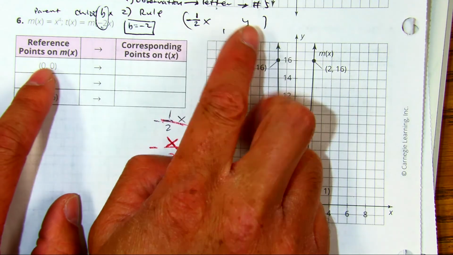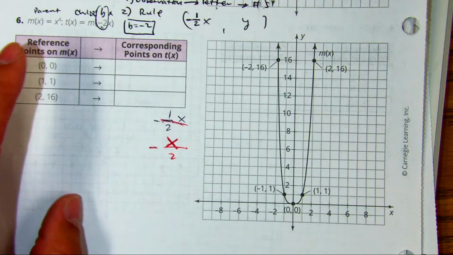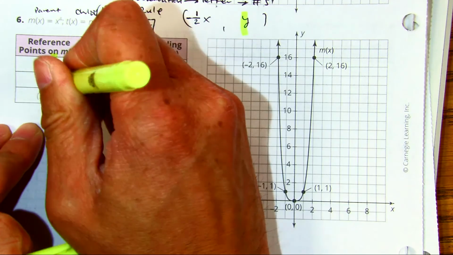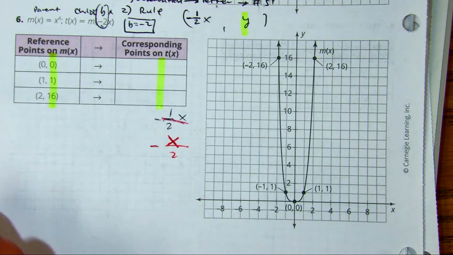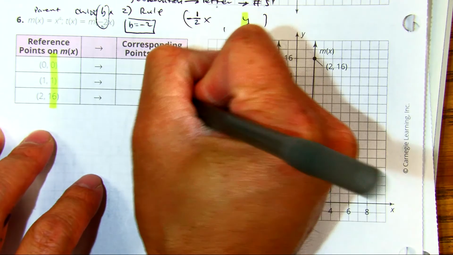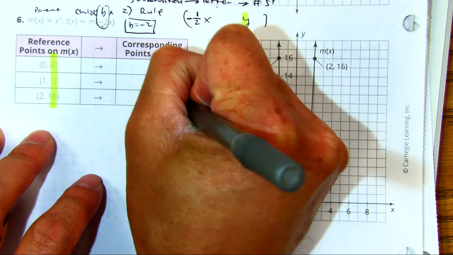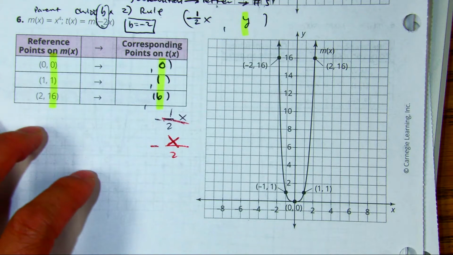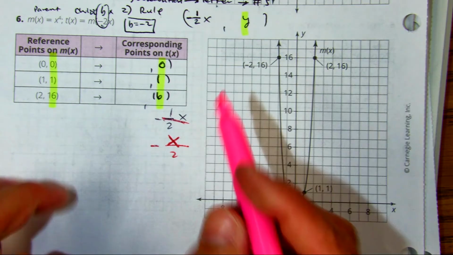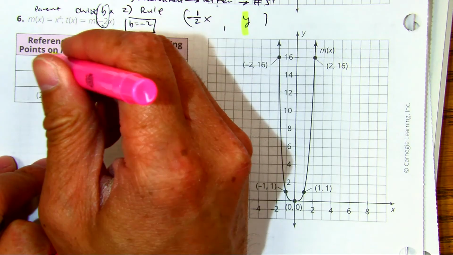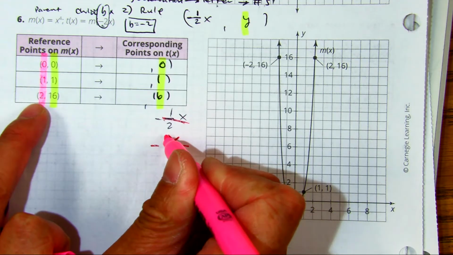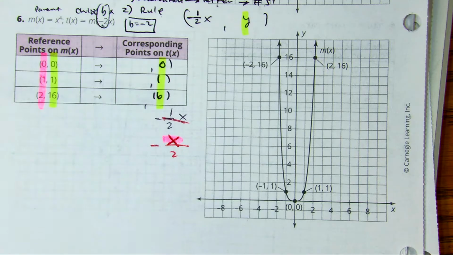Class, does anything change on my y-coordinates? No. So the y-coordinate from the parent to the child is the same. Let's just copy down those numbers. 0, 1, 16. But for the x values, I'm going to have to take these x values and transform them using -x divided by 2.